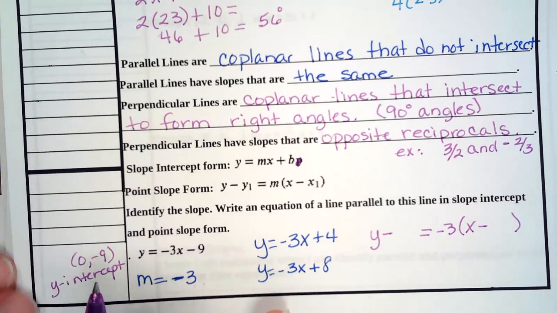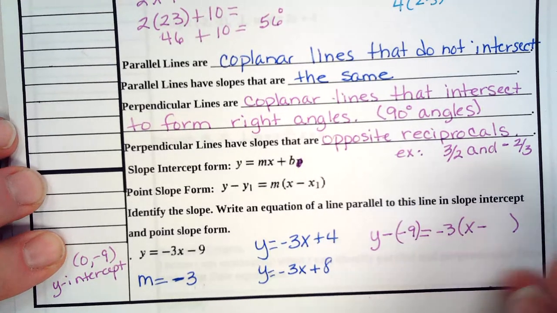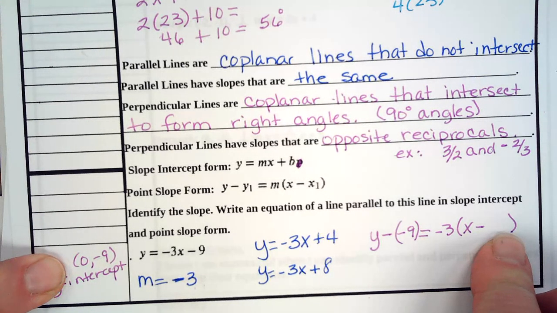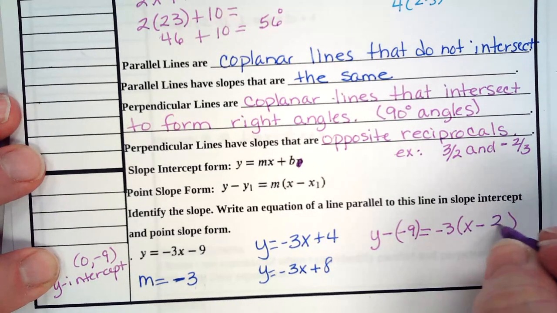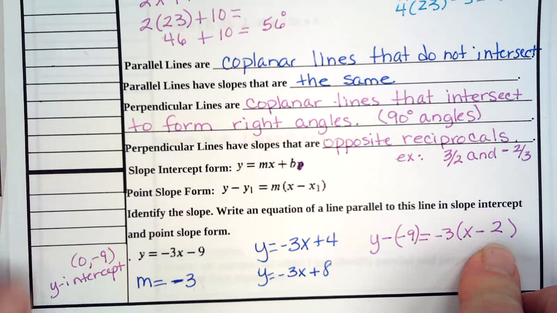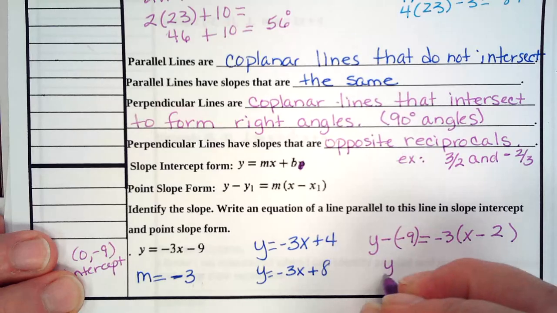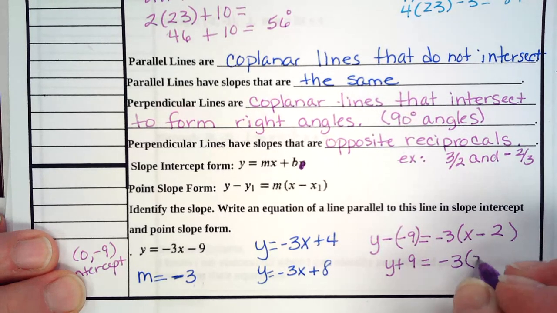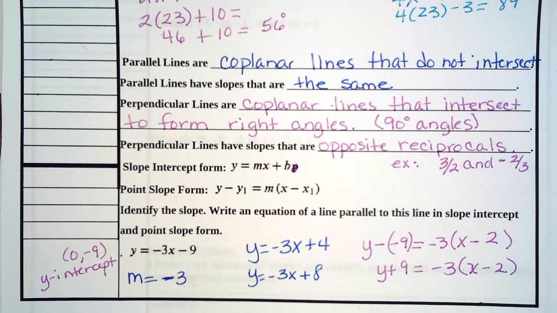Okay, so if I put the -9 here, then anything I put over here, with the exception of 0, is going to be parallel. So let's put 2. 2 is not equal to 0. The only thing I have to do now is to simplify. So y plus 9 is equal to -3 times the quantity of x minus 2, and it will be parallel.